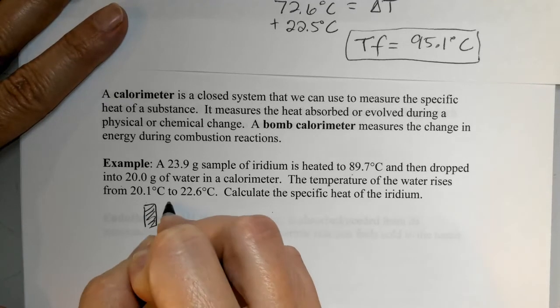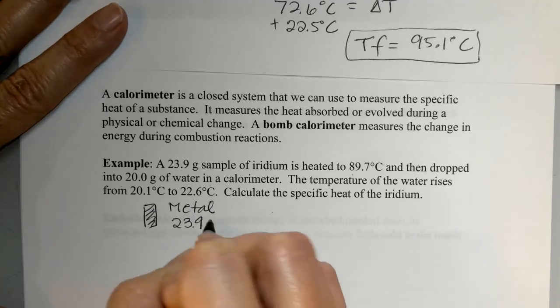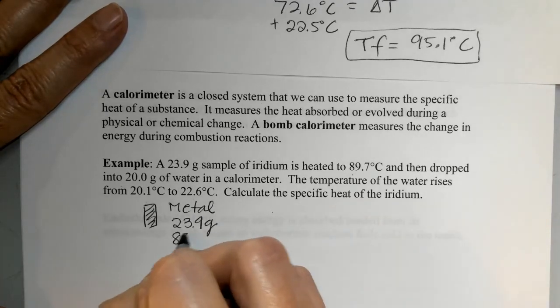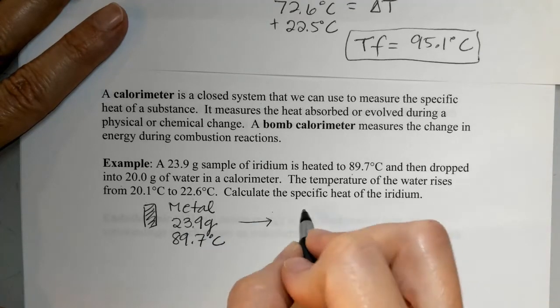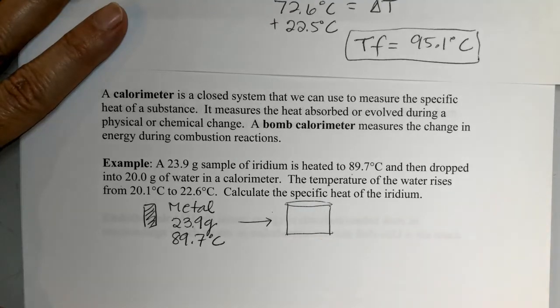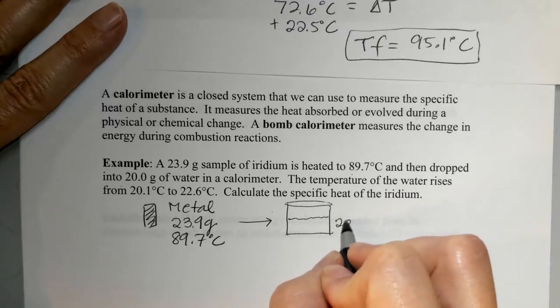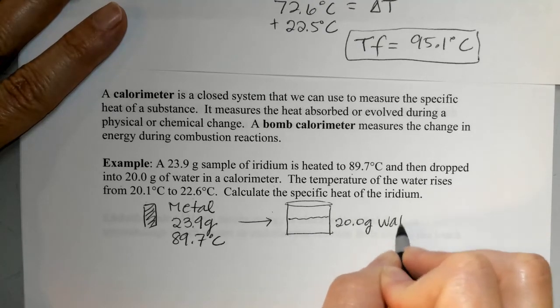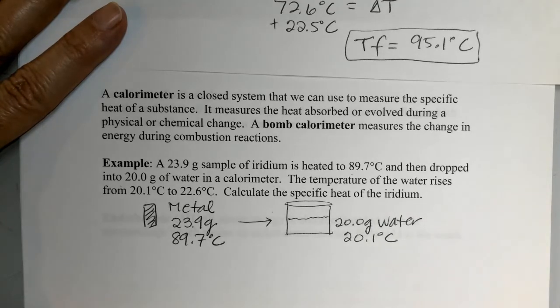All right, so this is my metal. This is the iridium. And we have 23.9 grams of it, and it's at 89.7 degrees Celsius. And there's going to be this container, the calorimeter, and inside that we're going to have 20.0 grams of water, and the water starts out at 20.1 degrees Celsius.